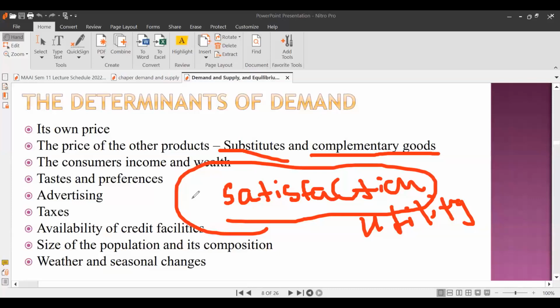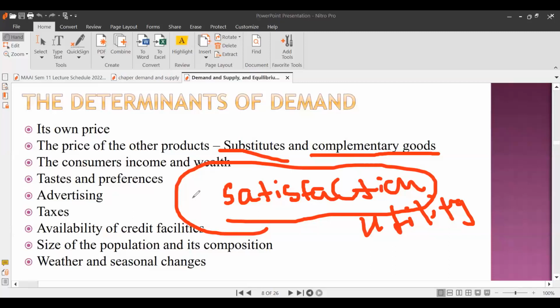Say, for example, the gas cooker. We cannot use a gas cooker without the gas cylinder. Likewise, if we consider goods like the torch and battery, the pens and books, the socks and shoes, and the tire and tube, if you want to use one commodity, you definitely have to use the other one.